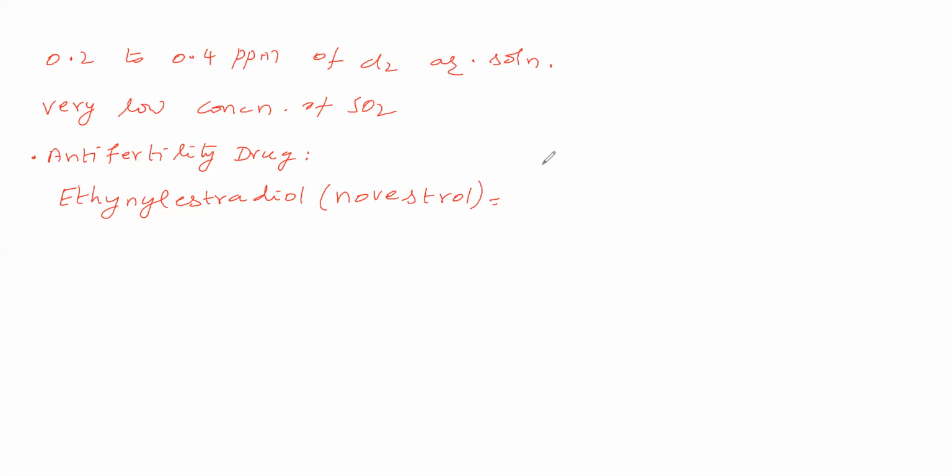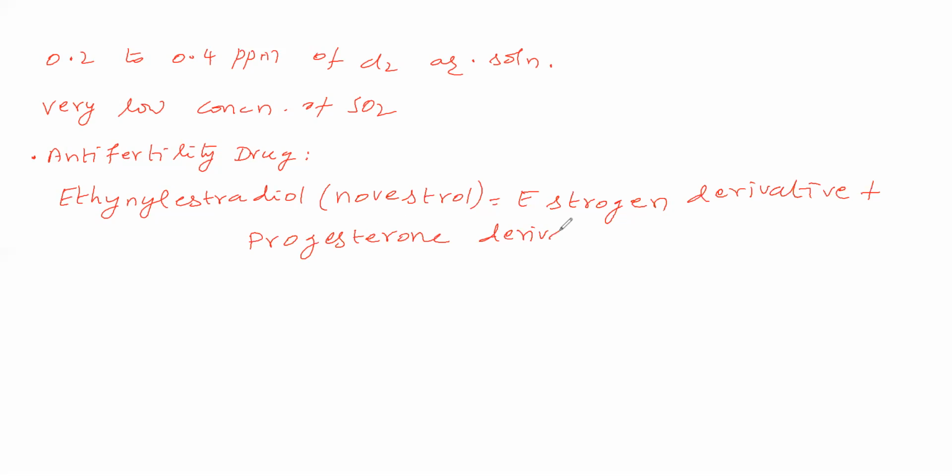In this one, an estrogen derivative is there, and another derivative is there, a progesterone derivative. So this ethinyl estradiol or Novestrol contains an estrogen derivative and a progesterone derivative. It is an antifertility drug.